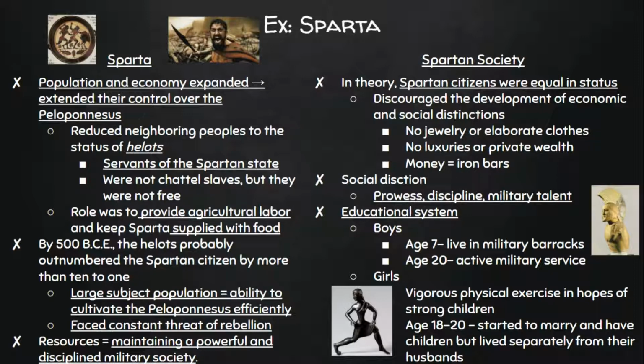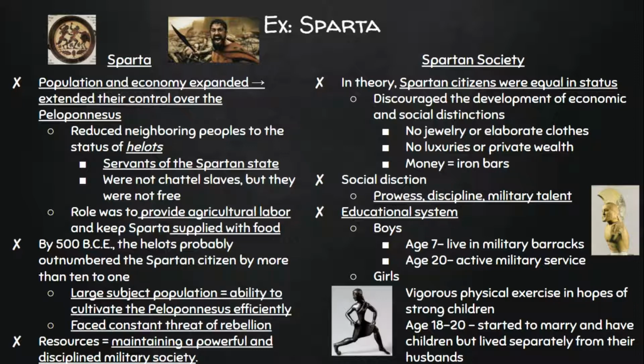And that is reflected through their educational system. For boys, their education would start at the age of 7, where they were forced to live in military barracks to prove their strength by fighting various animals or their own colleagues, etc. By age 20, they had to have active military service until their retirement, which would have been around age 60.